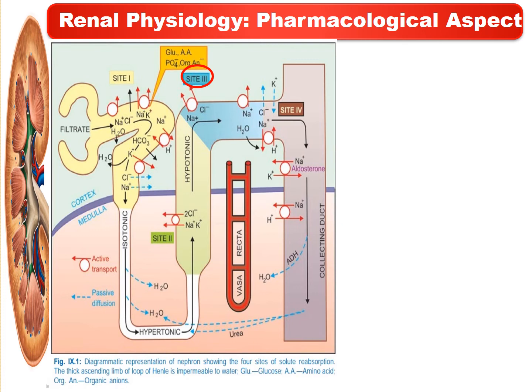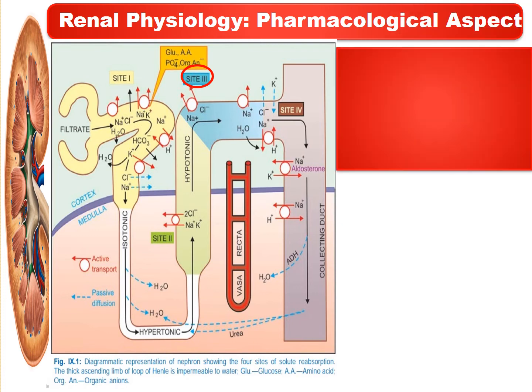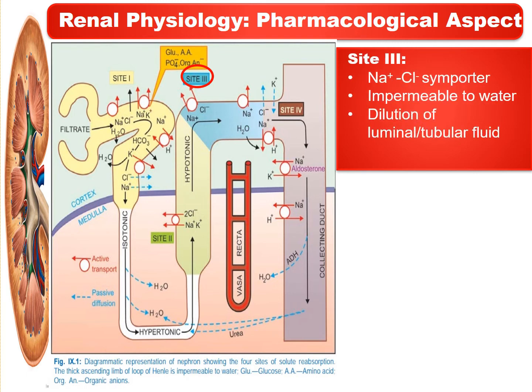And at site 3, what happens? The segment is also called the cortical diluting segment of the loop of Henle. This segment is impermeable to water and continues to absorb salt.